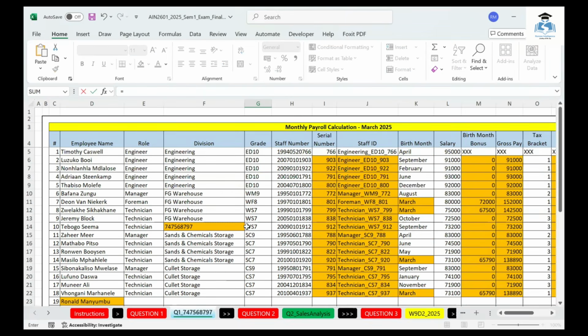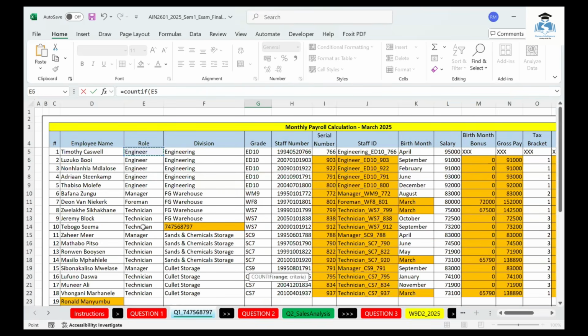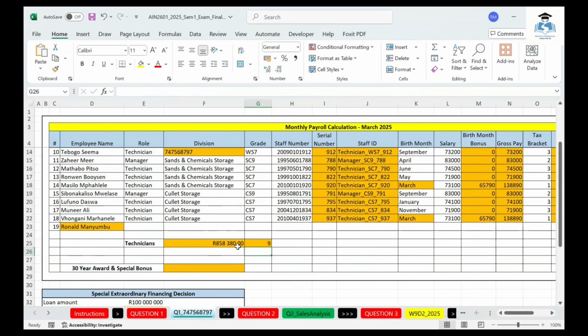Equals COUNTIF, the range from here to there, and the criteria, technician. So make sure you type the actual name.